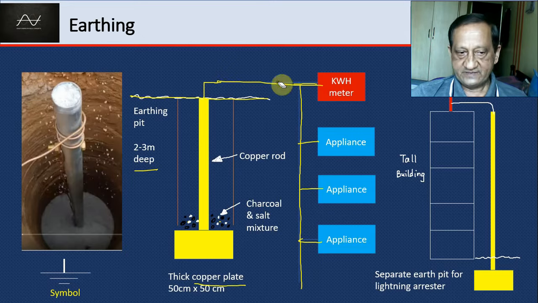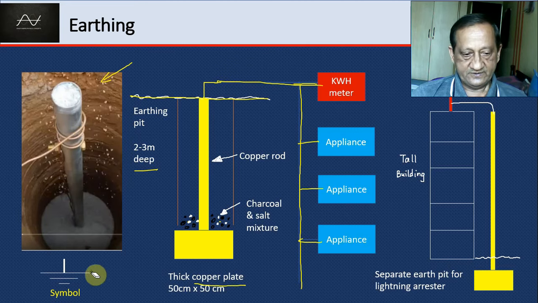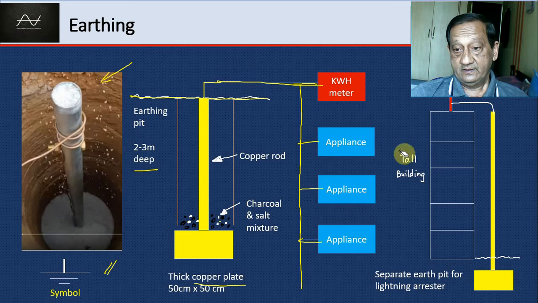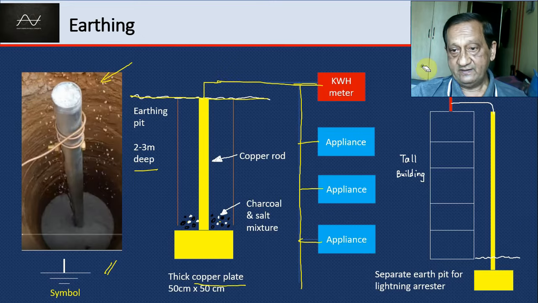That is the physical design, and you see the actual photo of the earthing pit over here. The symbol is this with 3 lines. This is also used to protect us from lightning. In a tall building, lightning can strike, but instead of striking the building, we make some metallic spikes over here, which tend to attract the lightning.